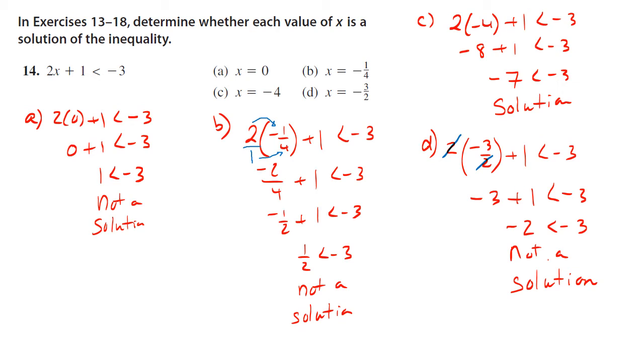And let's see, negative 2 over 4 makes a negative 1/2 plus 1, less than negative 3. And what is subtracting a half, adding 1? Or we can even say, what's $1 subtract half a dollar? It'll be half a dollar. So half is less than negative 3. Is that true or false? Is 1/2 less than negative 3? I'm going to say that is false. This also is not a solution.